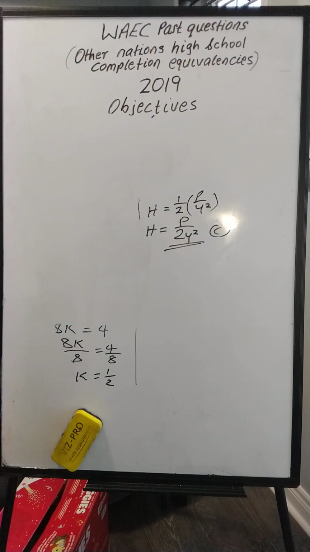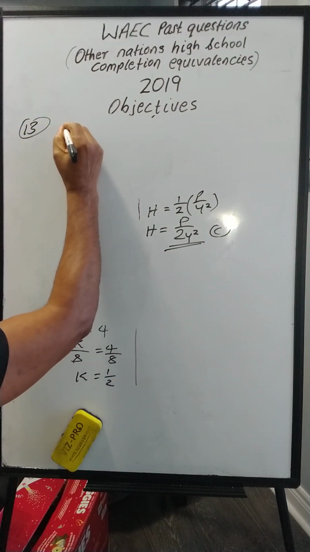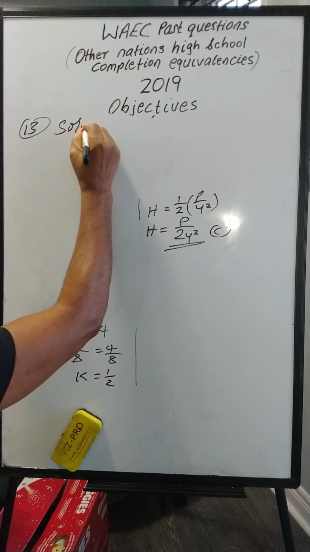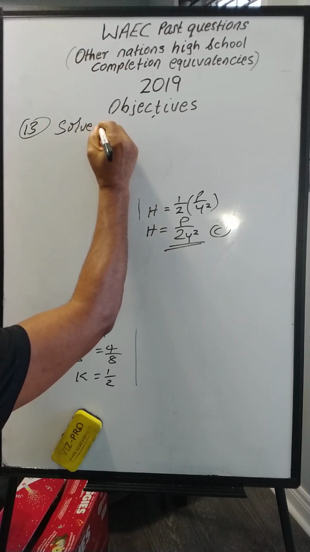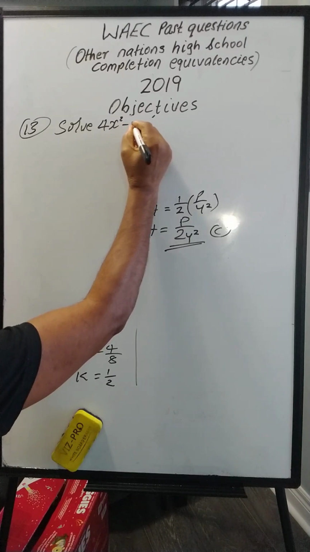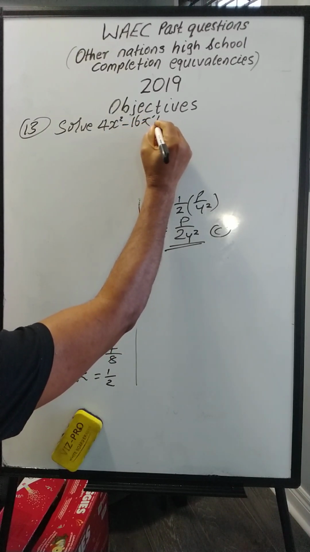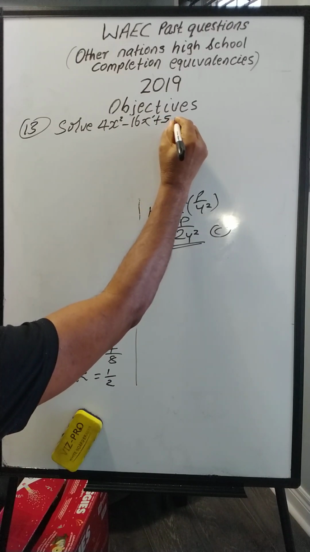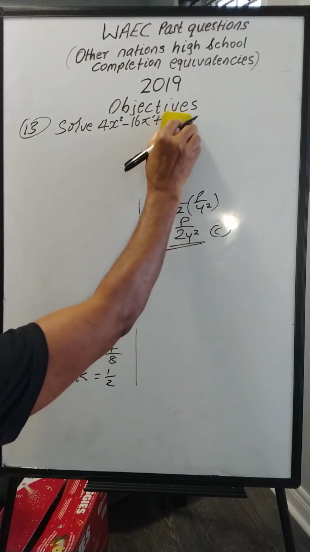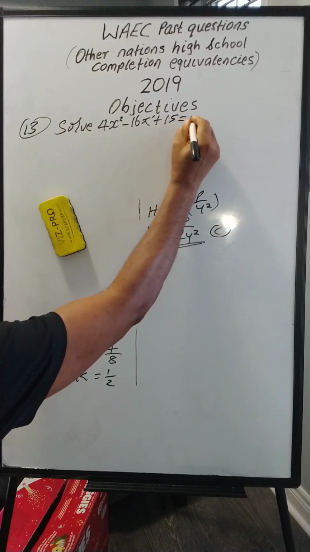In number 13, we are expected to solve 4x squared minus 16x plus 15 equals 0.